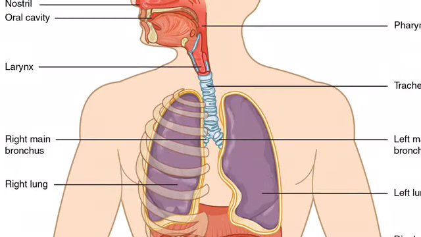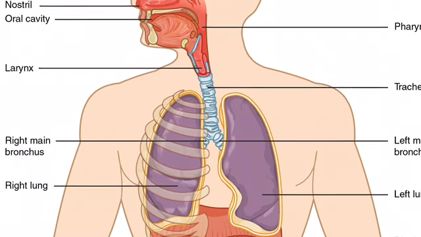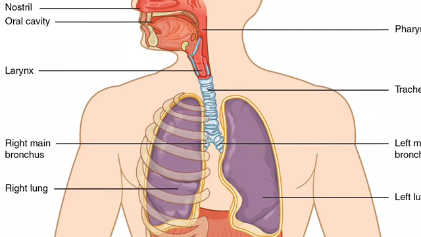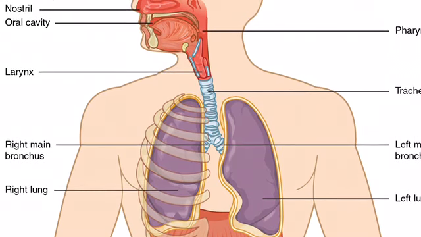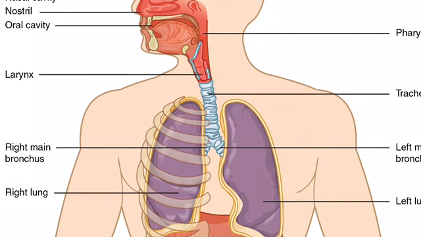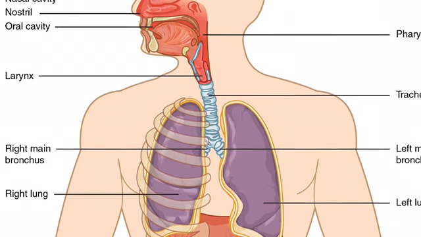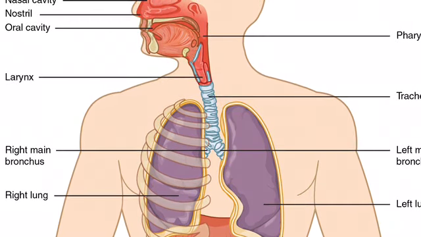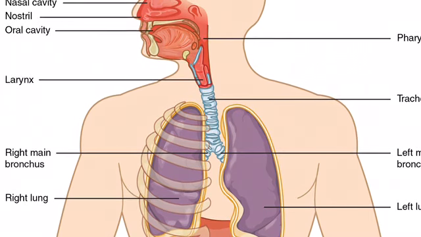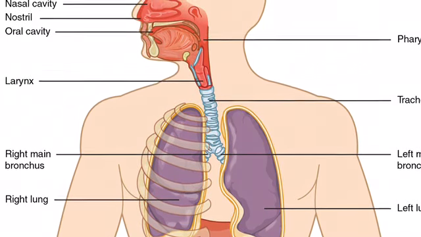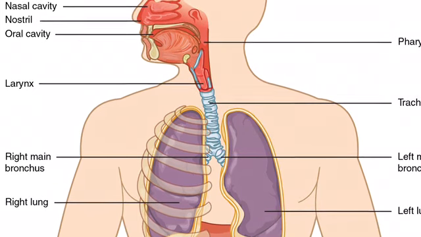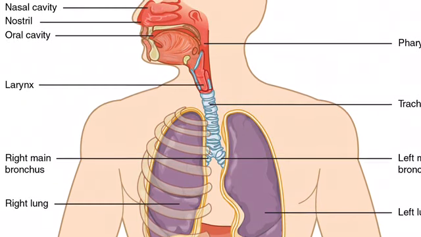So, the respiratory system is the collection of organs which directly or indirectly support the process of respiration. The primary role of the respiratory system, as mentioned earlier, is to provide oxygen to the body tissues for cellular respiration, remove waste products like carbon dioxide, and help to maintain the acid-base balance of the body.